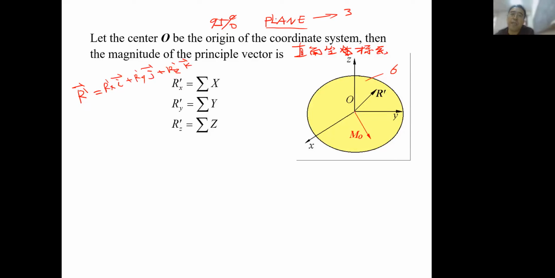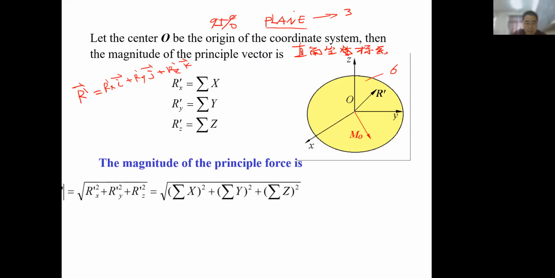But a vector in plane will only have two components. That's the difference, and that's why the plane vector is a special vector in space, because it always has zero component along the z axis, right? So all the conclusions and principles can be applied not only in space, but also in plane. Plane is a special space, right?